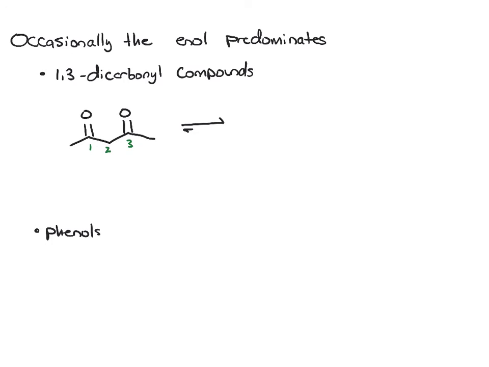And you could put the double bond between 1 and 2 or between 2 and 3 because this is symmetric. Let's just put it between 2 and 3. So in this case, at any given time, about 25% of the molecules will be in the full diketone form. 75% will be in this enol form.